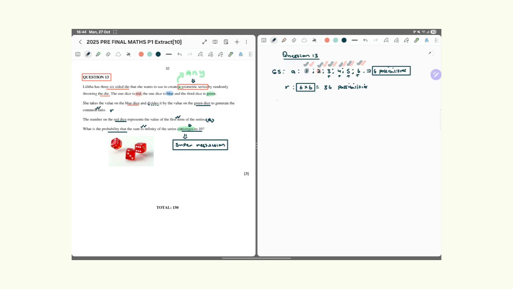Right, but now remember, for convergence, what do we need? R can be in this manner. It's going to be a proper fraction. For convergence, we know R must be less than 1, greater than 0. We're not going to have minus 1 here because this is a real life situation. So R must be a proper fraction between 1 and 0.